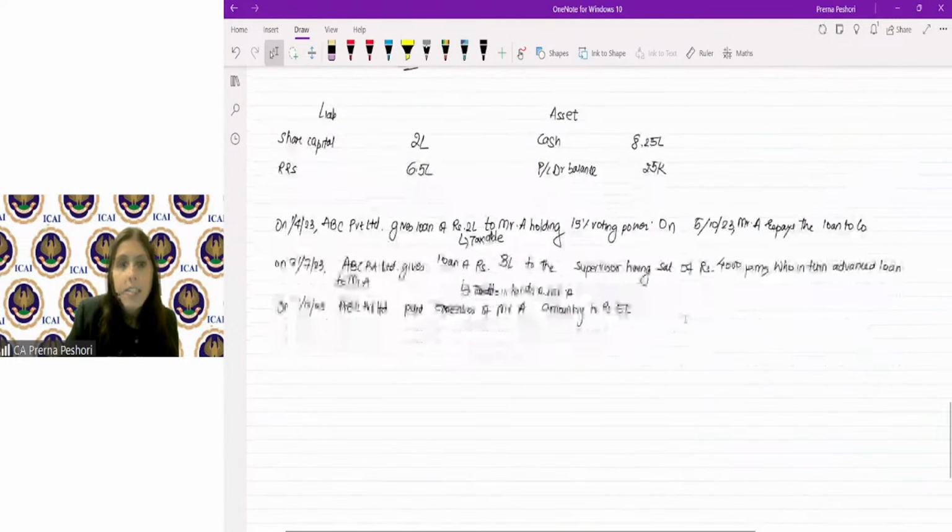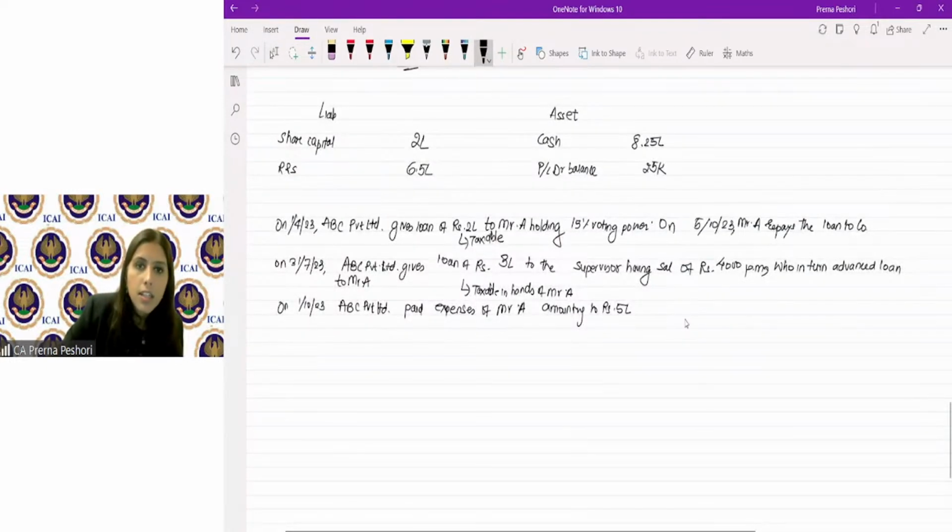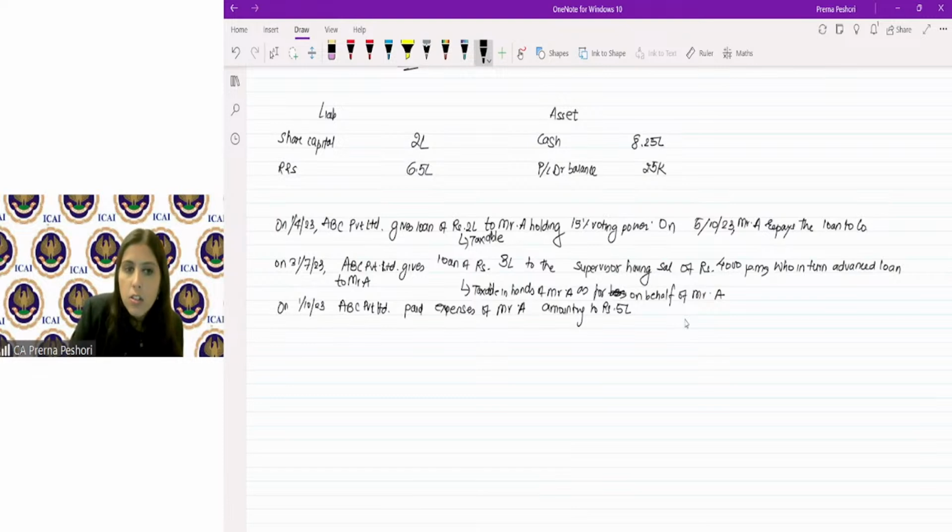Now, as far as on behalf of Mr. A, and as far as this 5 lakh is concerned, again, this is for the benefit of Mr. A. The expenses should have been paid by Mr. A, but the company is paying that. So here, instead of 5 lakh, to the extent of accumulated profit, my accumulated profit is 6.5 lakh minus 25k, so 6.25 lakh.